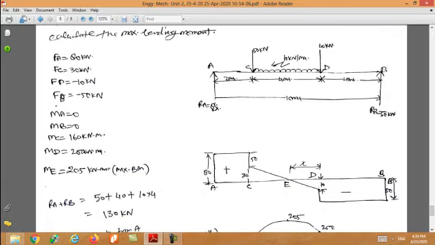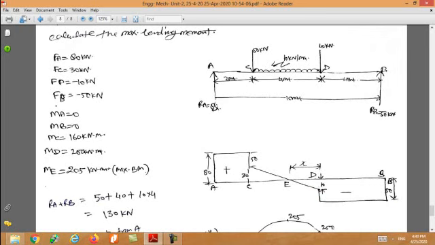So minus 10 minus 40 will come minus 50. Here you are seeing in this diagram minus 10, and this value suddenly changes to minus 50. From D to B there is no load, so the shear force diagram will be constant. Now calculate the bending moment.